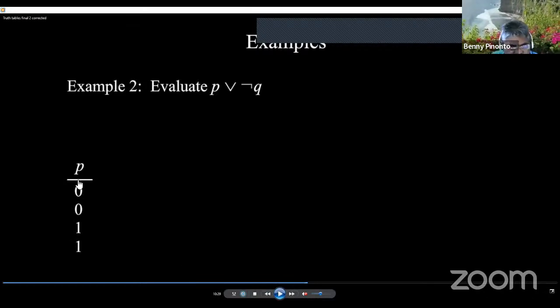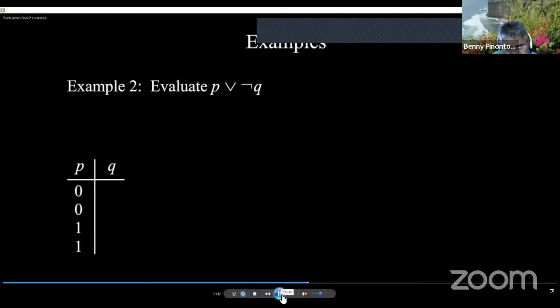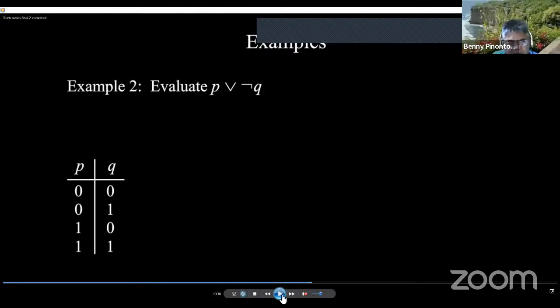First, you put 0, 0, and then 1, 1 for P. And for Q, you do alternating 0, 1, 0, 1. So again, for P, you have all 0s first, and then all 1s. And then for Q, you have 0, 1, 0, 1.